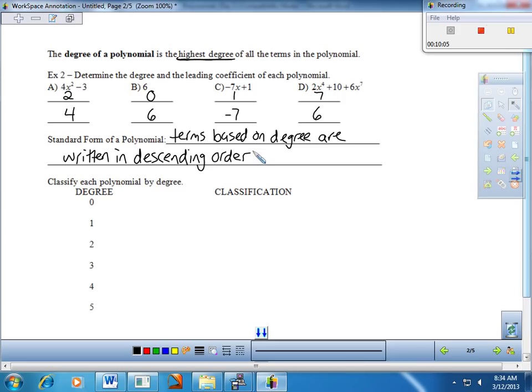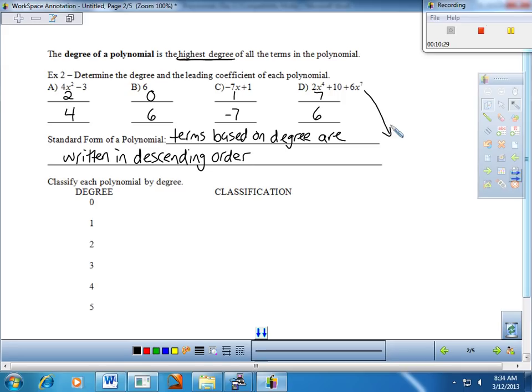So as a matter of fact, just FYI on this, if you look at example 2, this actually happens to be written in standard form right here. This happens to be written in standard form. This one happens to be written in standard form. This one is not, because if you look at the individual degrees, they're not going down in descending order. So why don't we write that off to the side here.